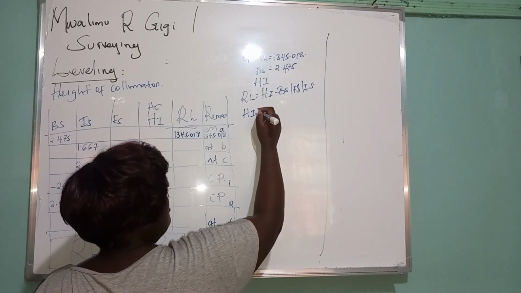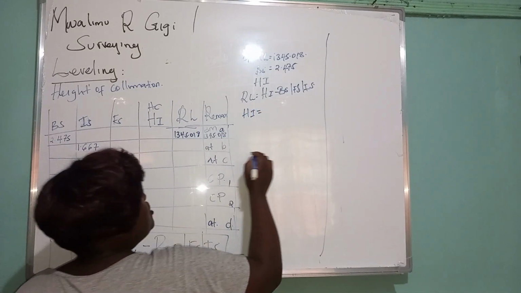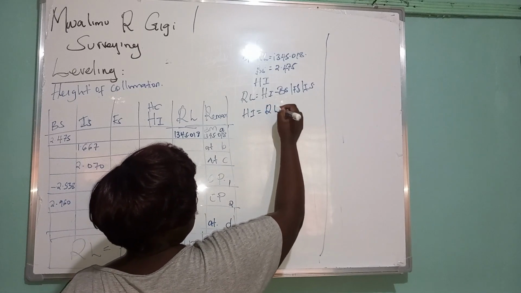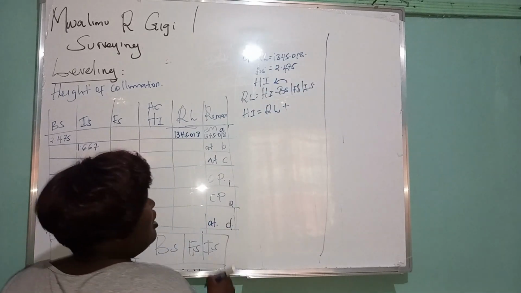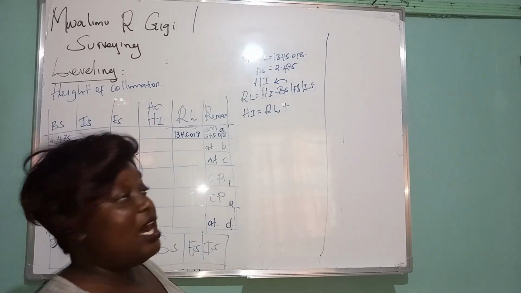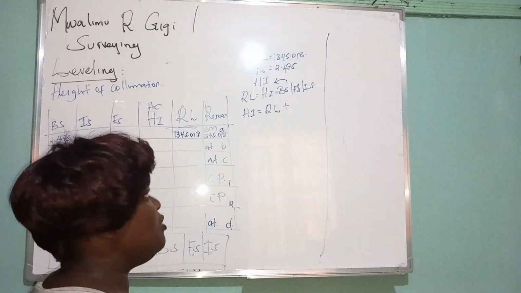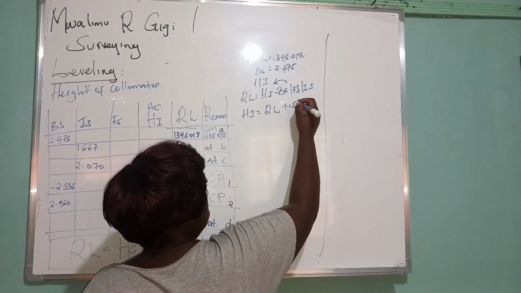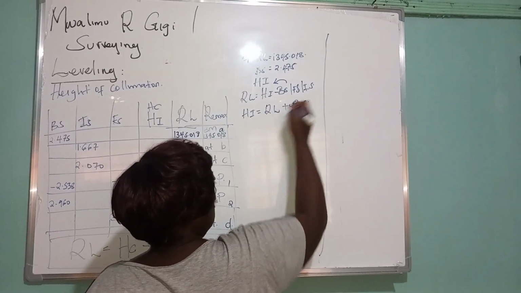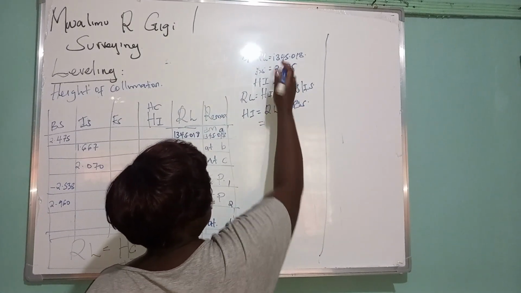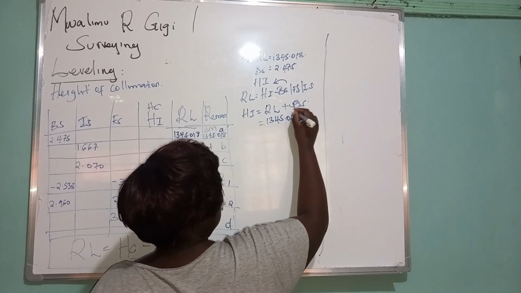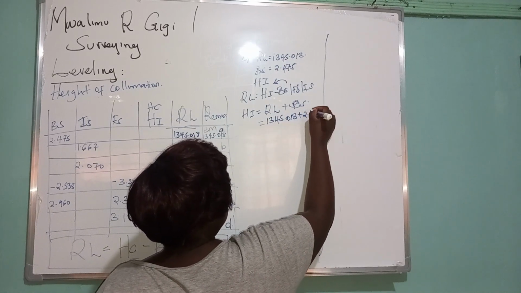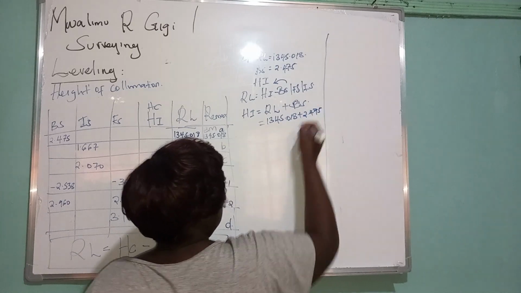So height of instrument or height of collimation is equal to reduced level plus the backside, as the backside crosses the equal sign to become plus. So what is the reduced level? It is 1345.018 plus 2.475.